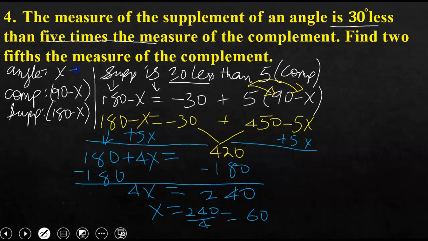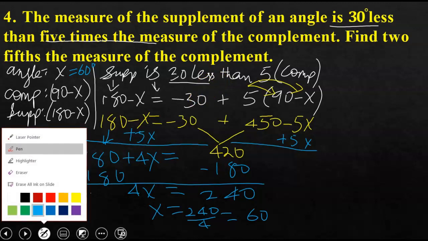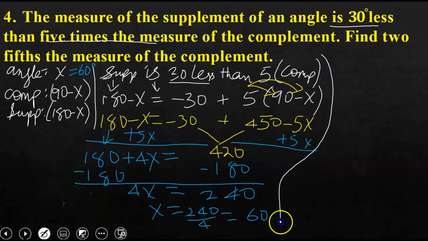So since x equals 60 degrees, which is the angle, now the next part of the problem says find 2/5 of the measure of the complement. So we need to find the complement then. So the complement is 90 minus x, which is 90 minus 60, which is 30.